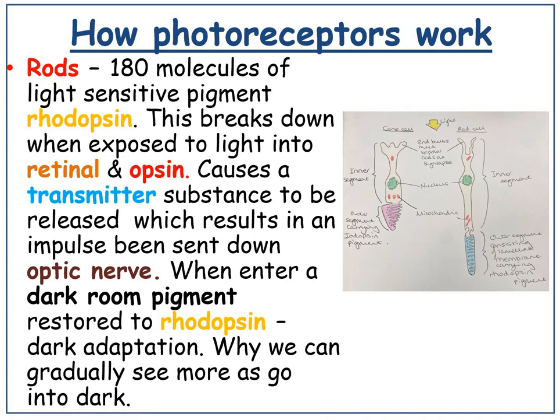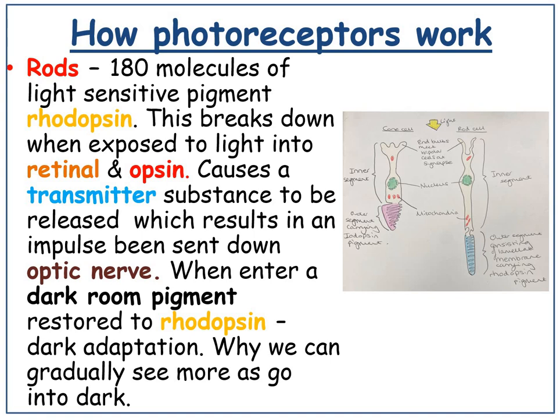So rods contain a light sensitive pigment called rhodopsin, and this breaks down when exposed to light into retinal and opsin, and it causes a transmitter substance to be released, which results in an impulse being sent down the optic nerve.